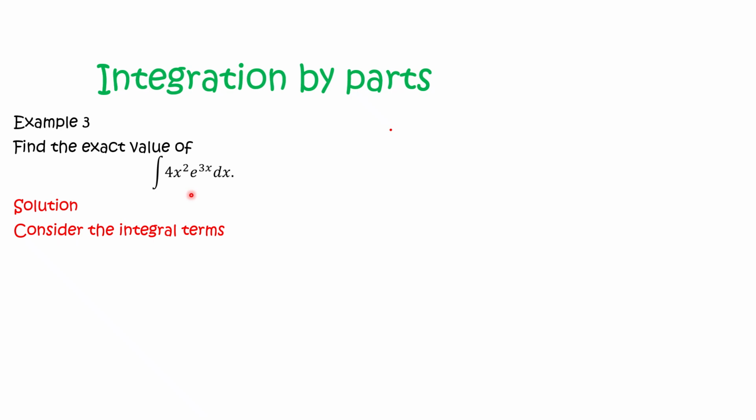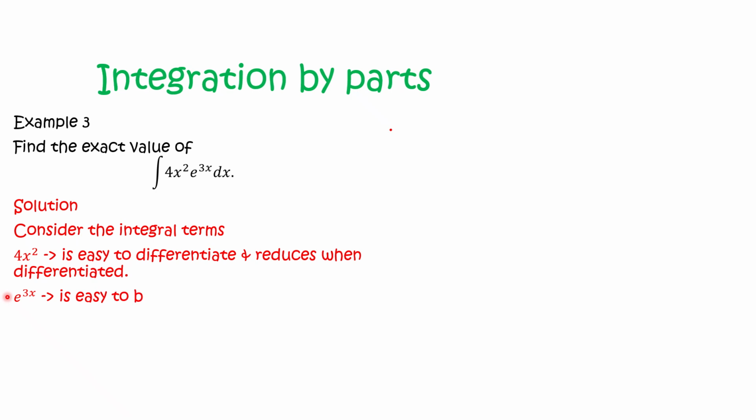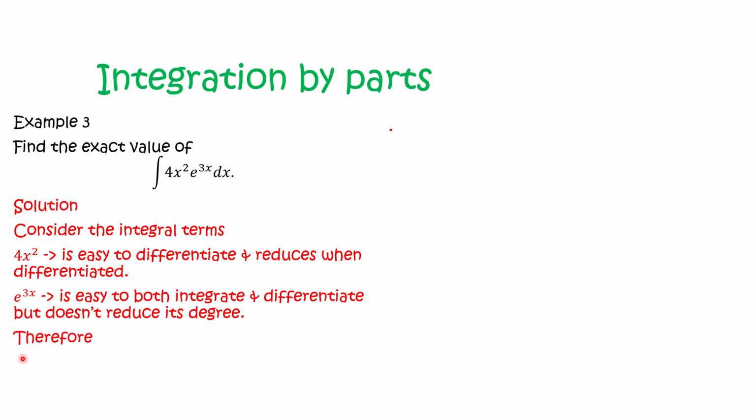Of course, we can take the 4 outside because it's a constant, but I decided to keep this inside our integral function. This 4x squared is easy to differentiate and reduces its degree when differentiated. Whereas the e to the 3x, inasmuch as it is both easy to integrate and differentiate, it doesn't reduce its degree.